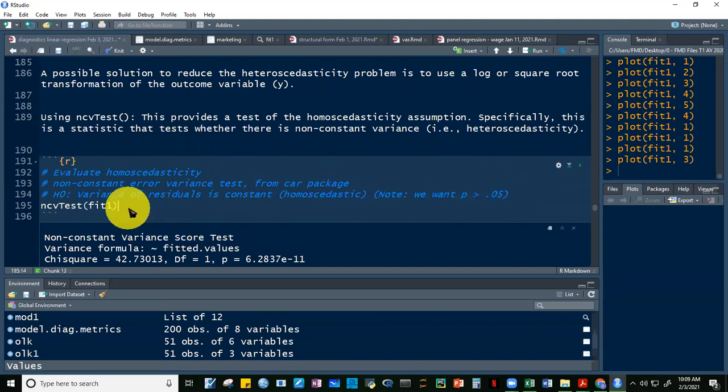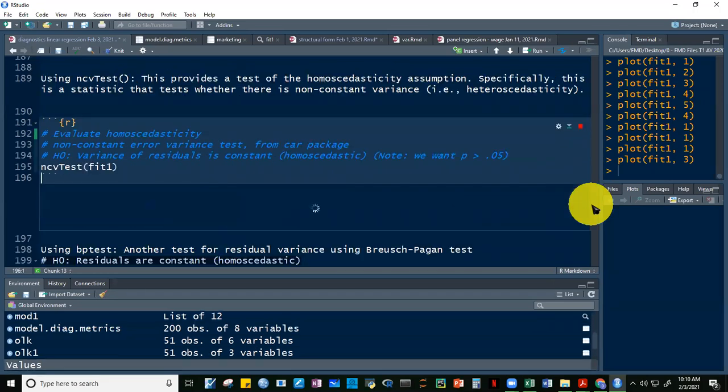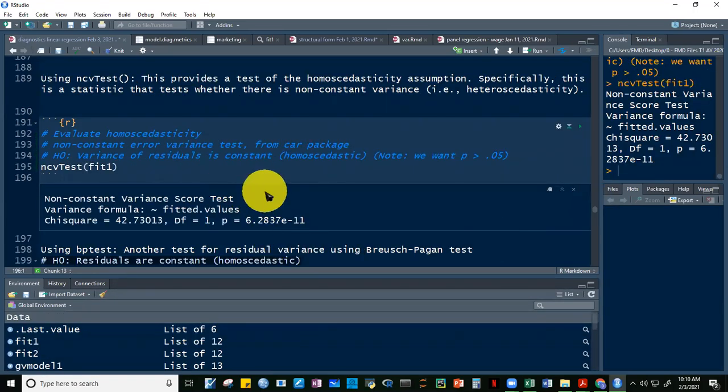So, i-run natin to, guys. Non-constancy of variance test. This is to evaluate your homoscedasticity ng error terms. Run natin, ito lalabas. So, use chi-square on the degree of freedom 1. P-value is practically 0. So, as suspected, guys, we reject the null hypothesis that the residuals are homoscedastic.